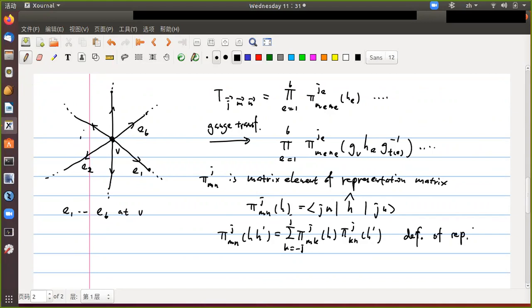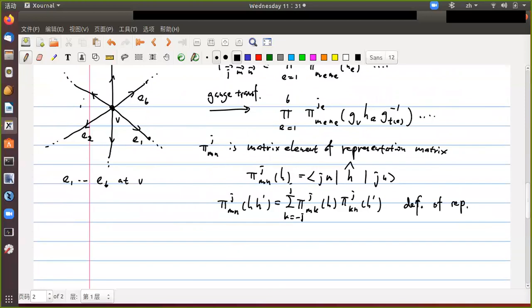This formula is also easy to see. If you look at h h prime, this is just the operator for h h prime, which is a composition of h hat and h prime hat.